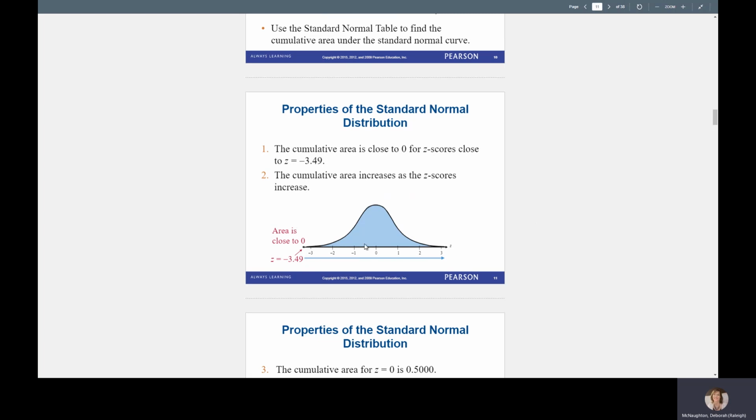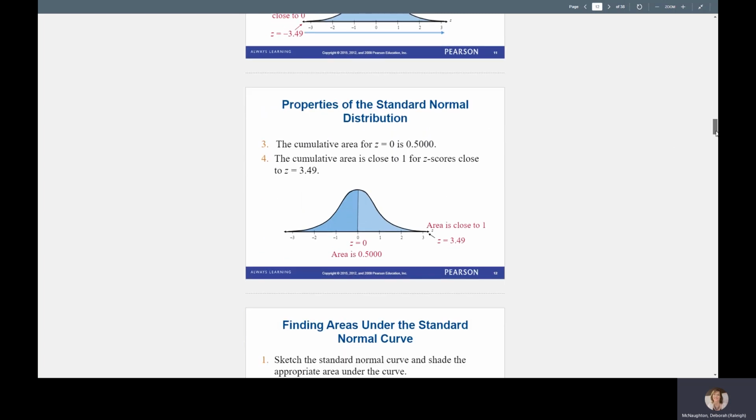The other thing that'll happen is if we look at the cumulative distribution for Z equals 3.49, it's basically 1. And then in the middle, the cumulative area for Z equals 0, since Z equals 0 is the mean, it's not close, it actually is 0.5. That's because the mean is the median.